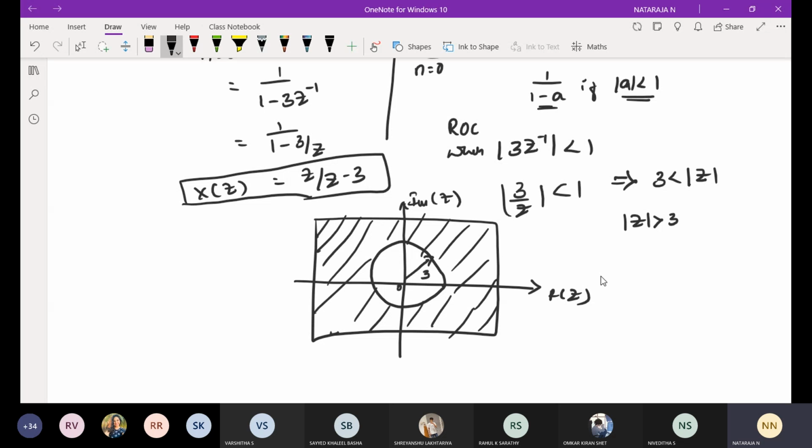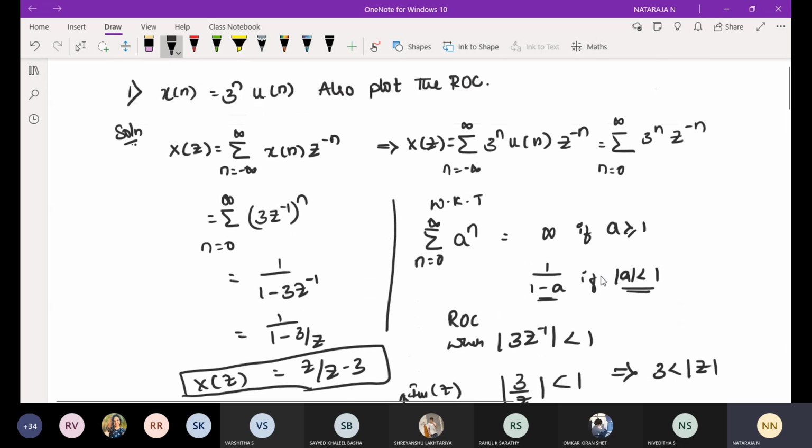Any doubts in ROC? No, sir. 3 less than magnitude of Z is the same as magnitude of Z greater than 3. Where exactly is the Z domain? That is your ROC. Like that we are going to write the ROC. Make a note of this problem.